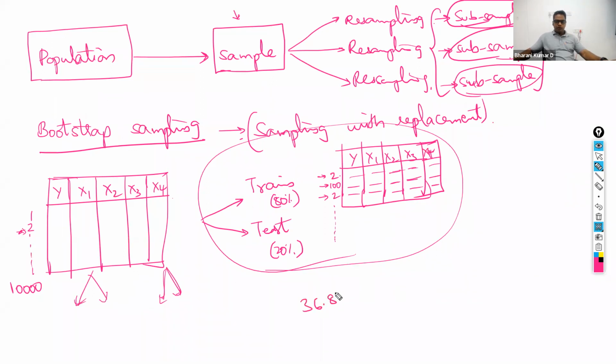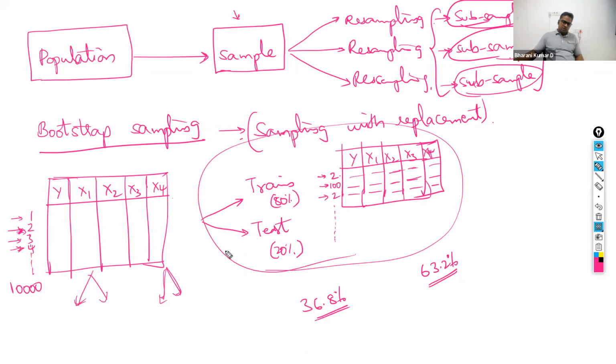This is what people have figured out by doing a lot of experiments. That means each observation has a probability of getting selected in the samples for what percentage of times? 63.2% of times. Okay.